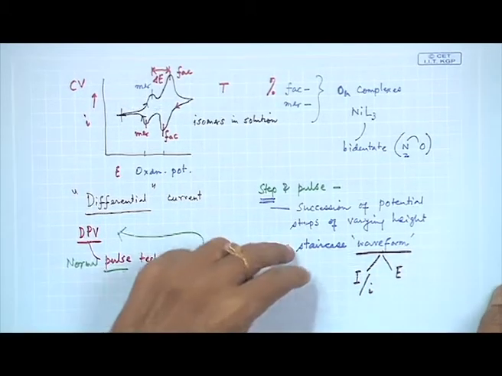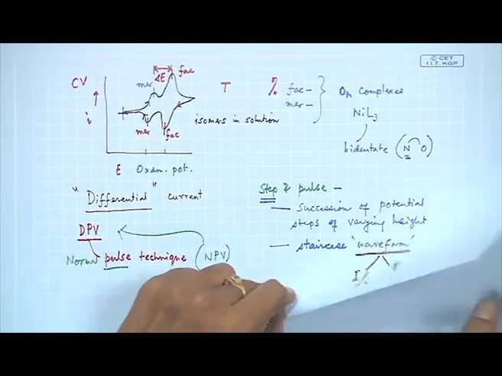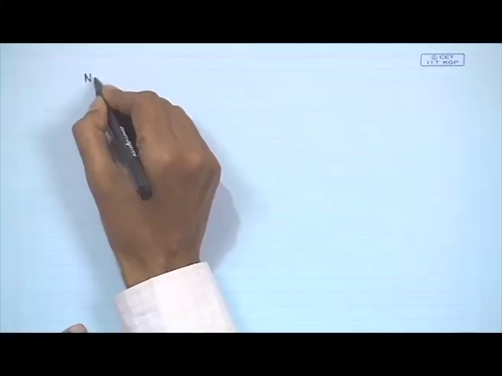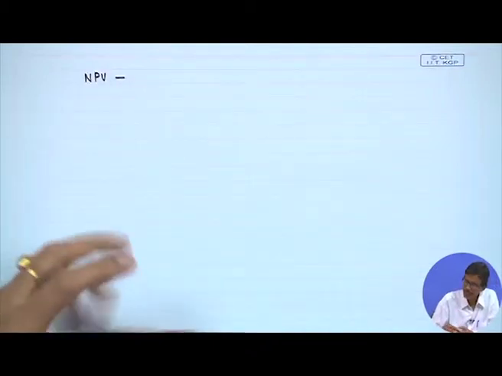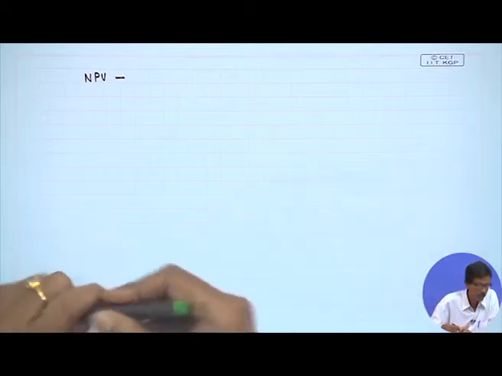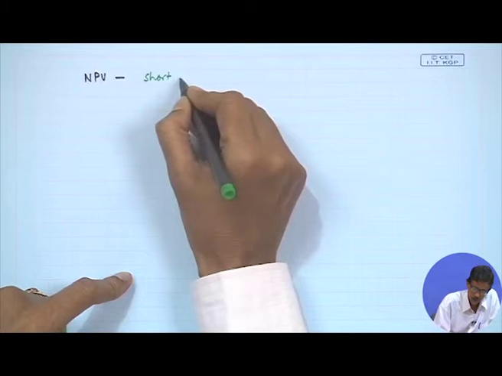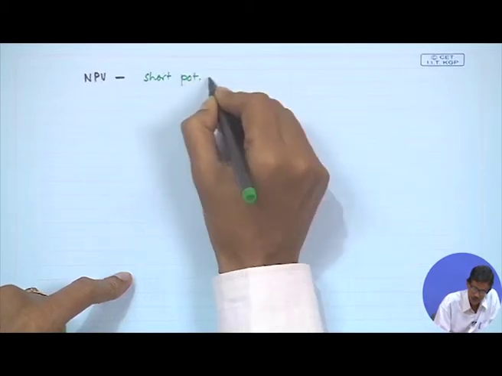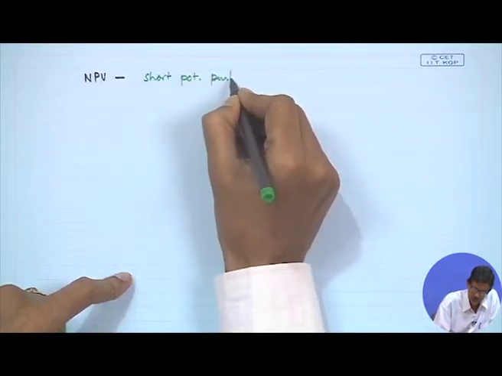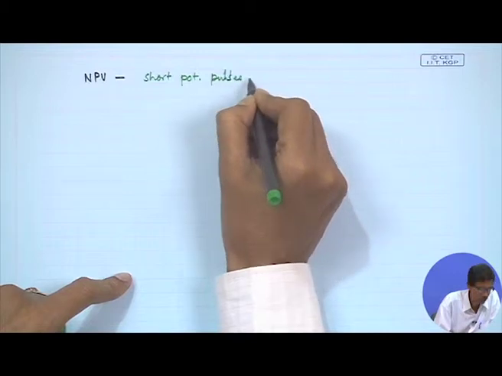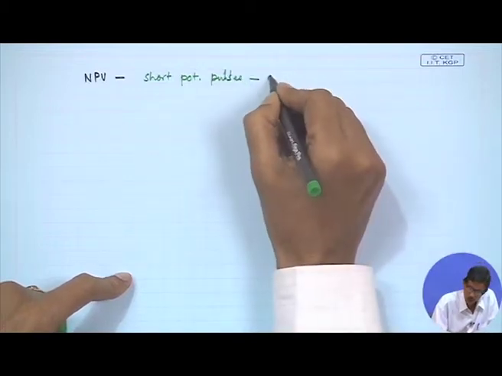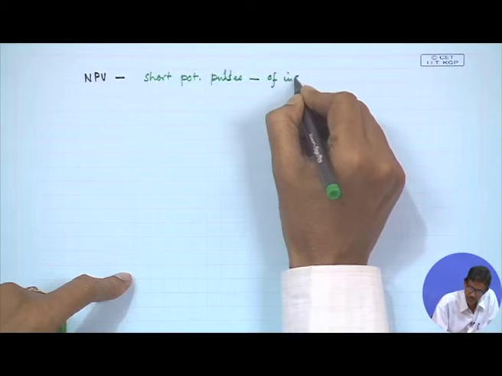Short potential pulses are generated and given to the electrodes. So, in normal pulse voltammetry, in NPV, we basically use very short potential pulses of increasing height.